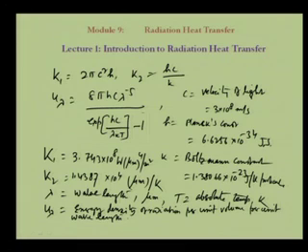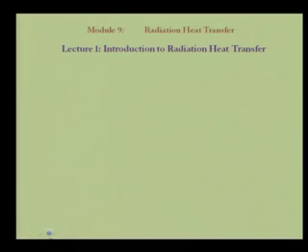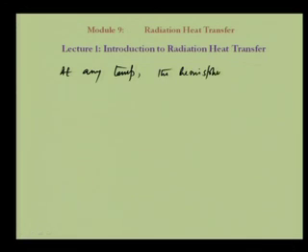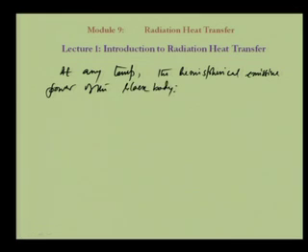Okay. Now, at any temperature, a black body emits radiation covering a wide range of wavelengths. So at any temperature, the hemispherical emissive power of the black body, that means it is covering the whole range of wavelength.